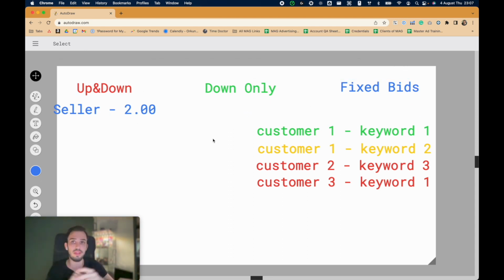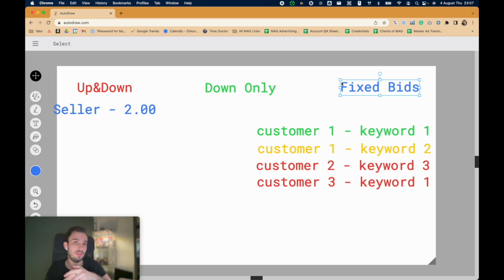So to summarize everything, we don't use up and down. This is not a rule, you can of course use it, but with up and down you cannot control the account. The whole control is almost in Amazon's hands, so you cannot optimize the account. With down only and fixed bids, you can control the account, everything is under control. You are bidding as much as you want to pay, and then you will just see if you're winning those auctions or not.